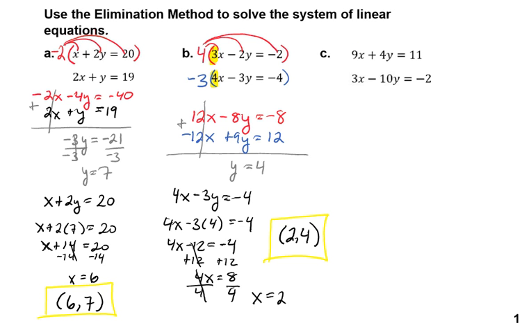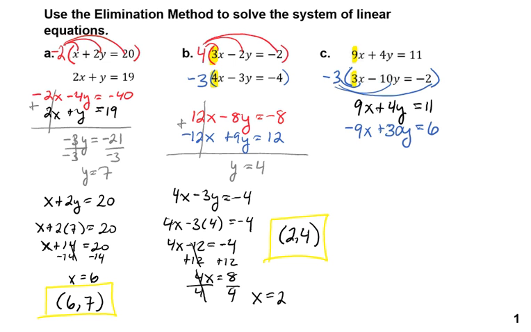So here, our x's are already very close to being the same. In fact, we could just get away by multiplying our bottom equation by a -3. So we'll write down our top equation, 9x plus 4y equals 11, and then we'll distribute that -3 to all of the pieces of our bottom equation, which will give us a -9x plus 30y equals 6.